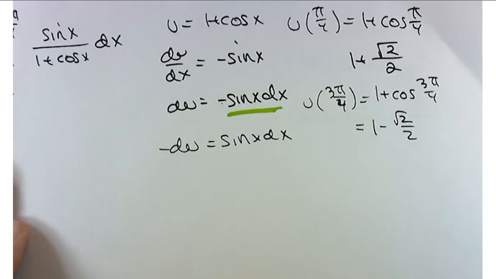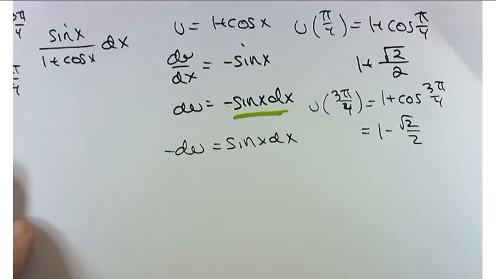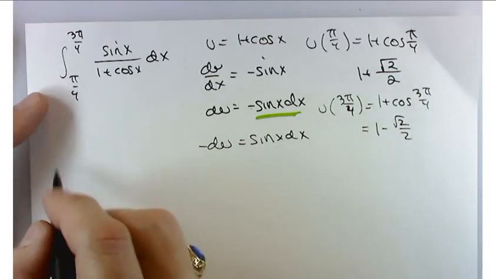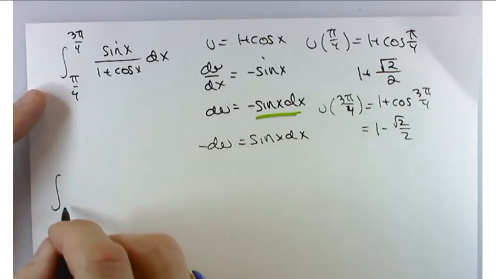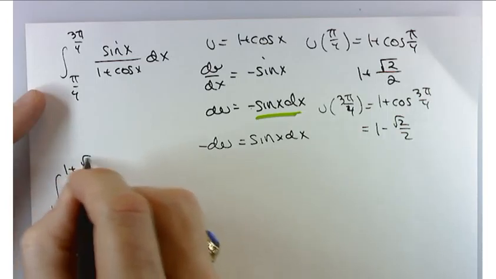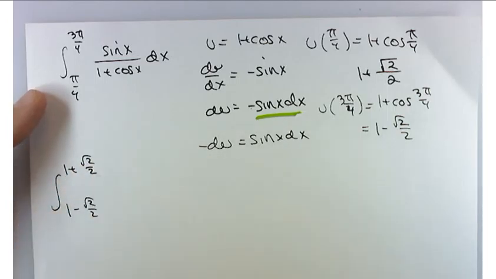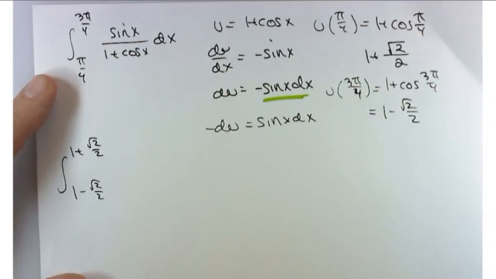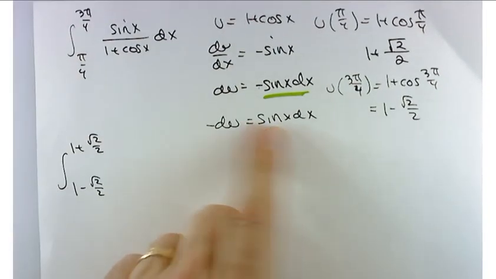So nice. I think we've got all our ingredients to change our integral. So the limits now are going to be between 1 minus root 2 over 2 and 1 plus root 2 over 2. Sine of x dx can get replaced with minus du.